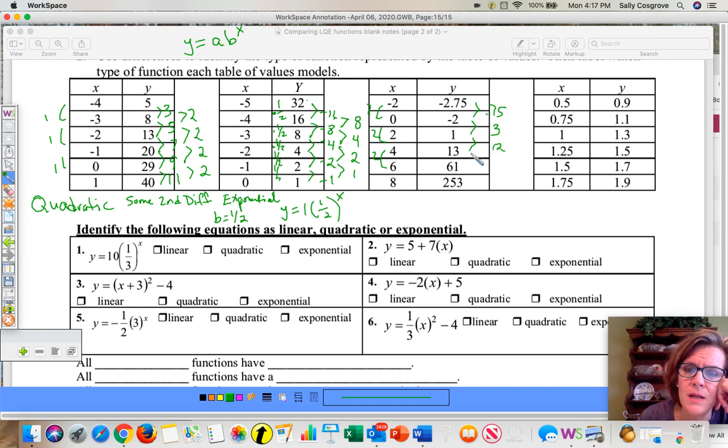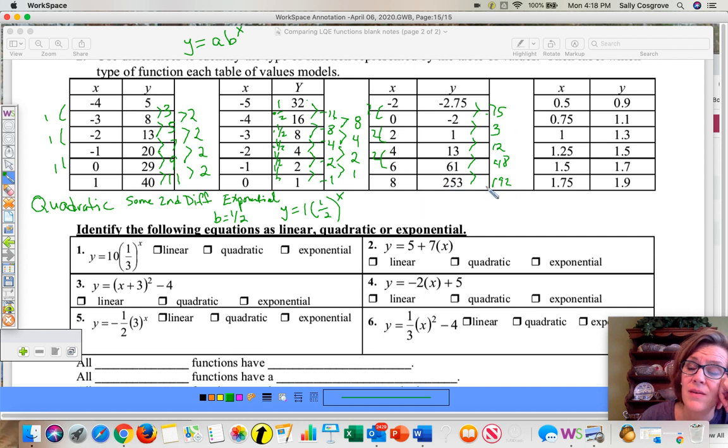From 13 to 61, oh man, that's an increase of 61 minus 10 is 51 minus 3 is 48. From 61 to 253, whoosh. That is an increase of 253 minus 50 is 203 minus 10 is 193 minus 1 is 192.